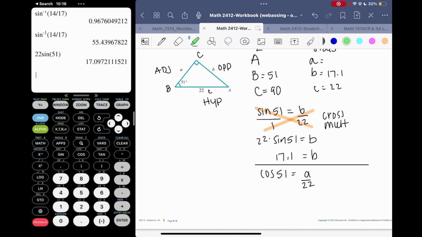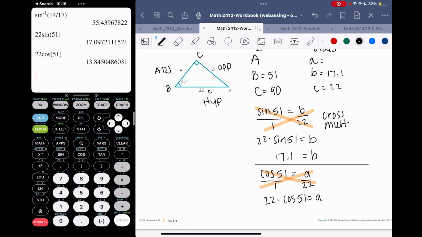And then we're going to cross multiply. We assume cosine has a 1 underneath it, so it's going to be 22 times cosine 51 equals small a. So small a equals 13.8.